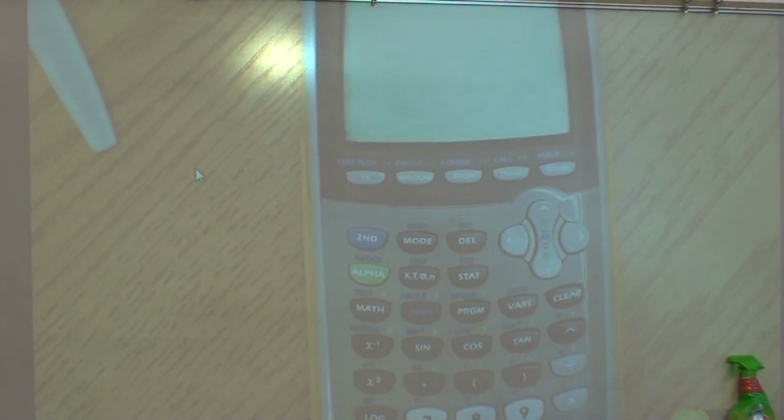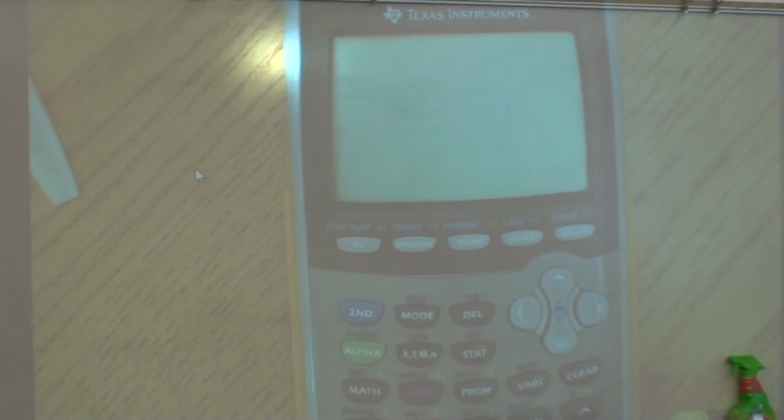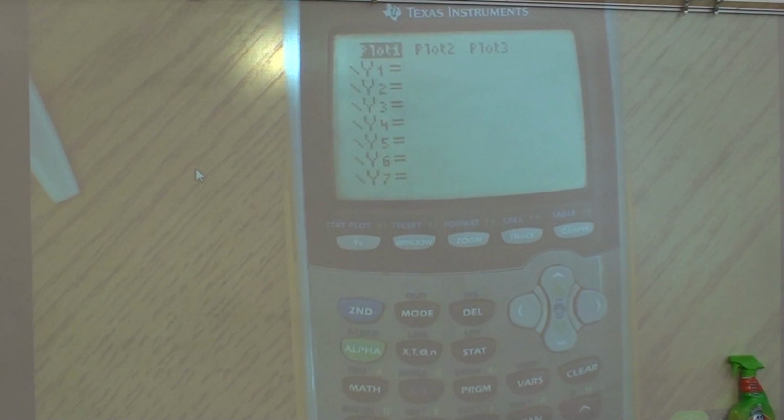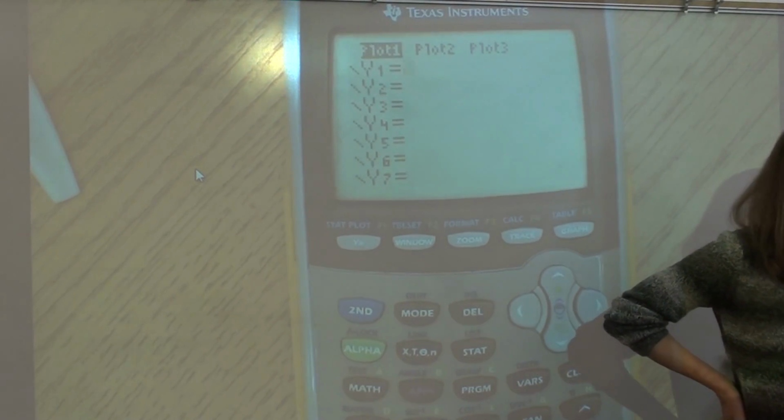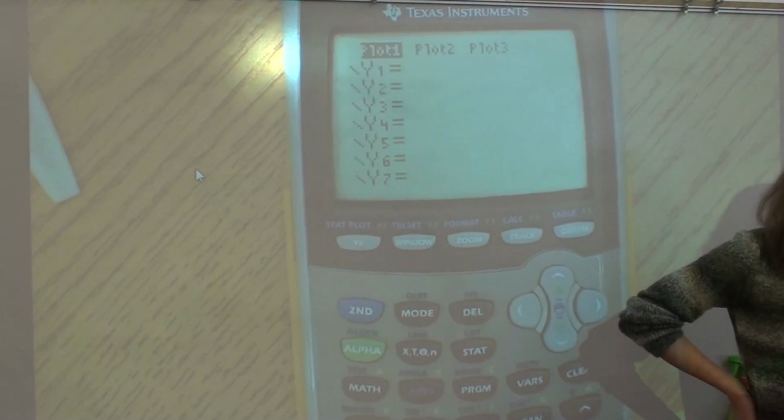So when you are given a velocity function, you want to start by entering that velocity function into your calculator. Before we begin though, once you turn your calculator on, if there's anything in there, just clear it out. Go ahead and hit the y equals window. The class set of calculators that we are using, if you're using one from my bin, also gets used by my AM/DM classes, and they're doing a ton of statistics.